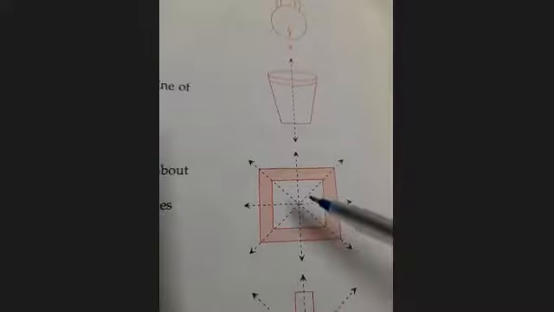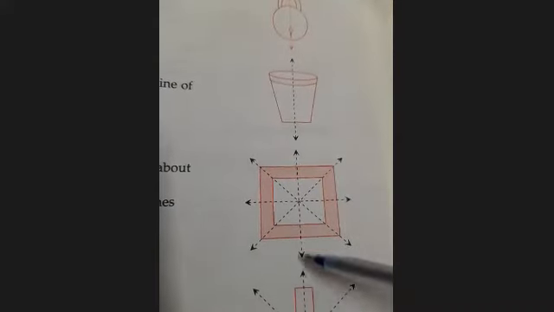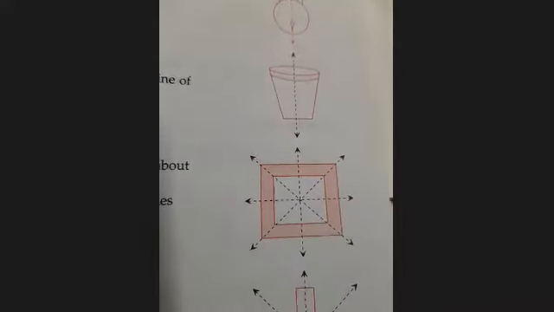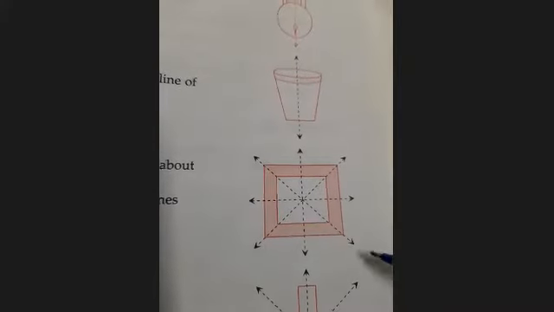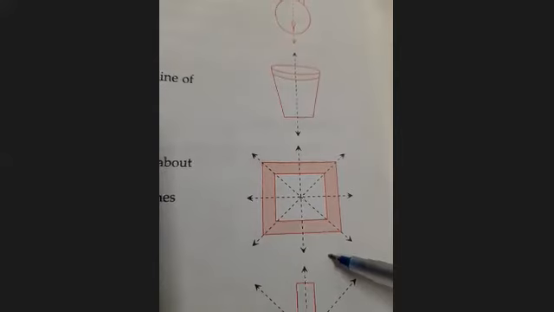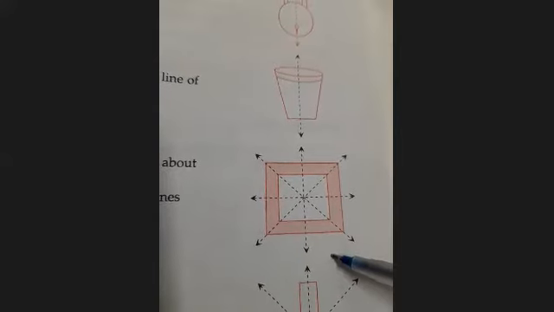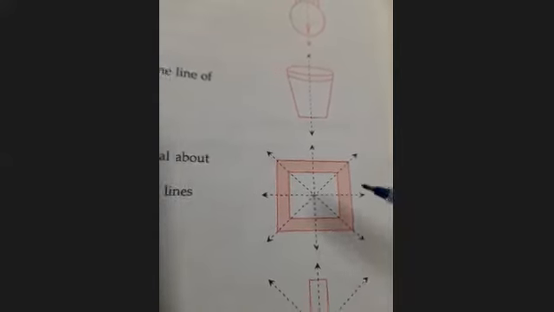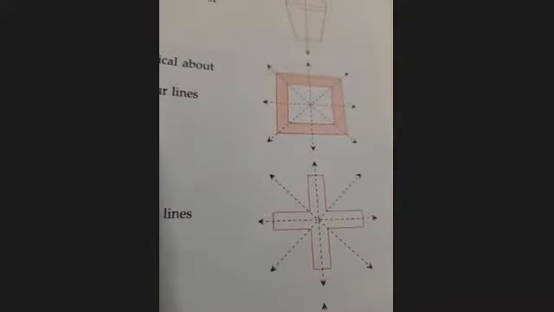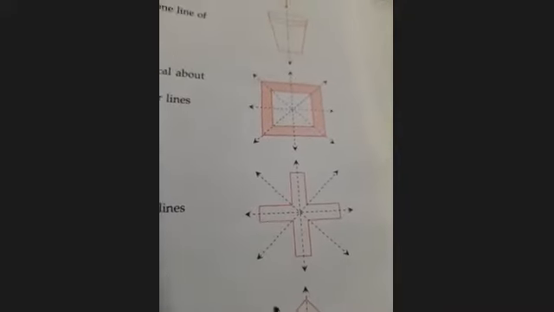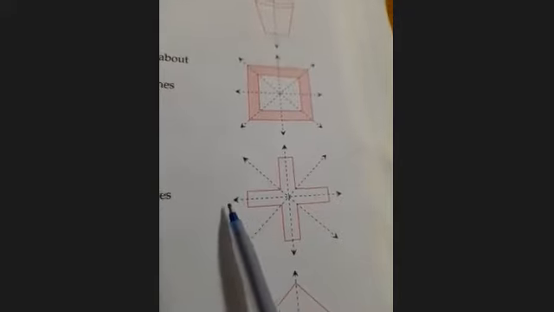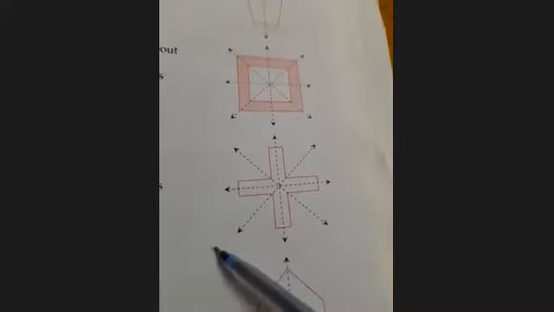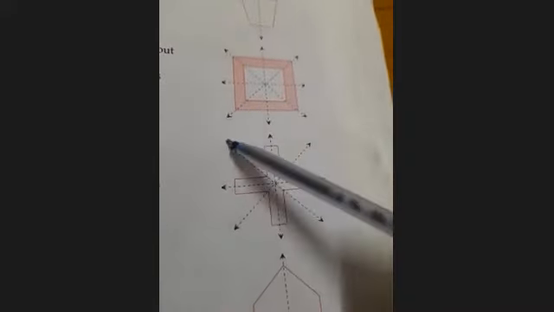Third, we have 4 lines of symmetry: 1, 2, 3, and 4. Fourth figure, again, we have 4 lines of symmetry: 1, 2, 3, and 4.